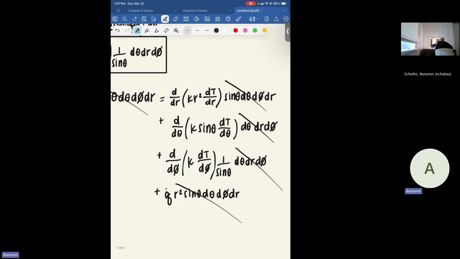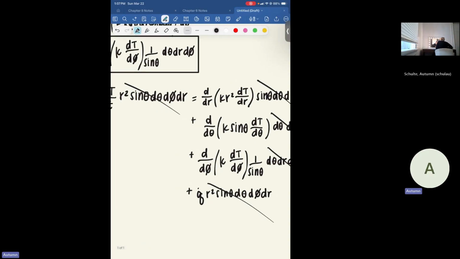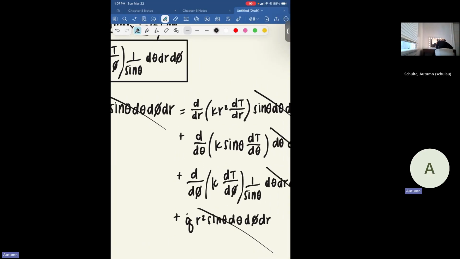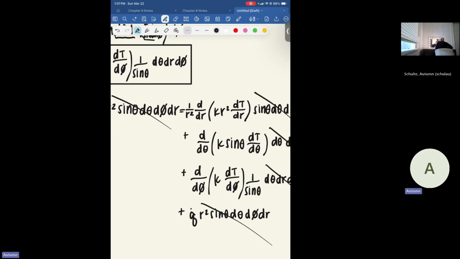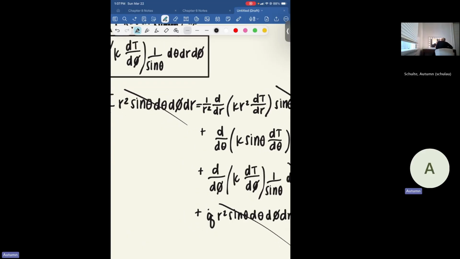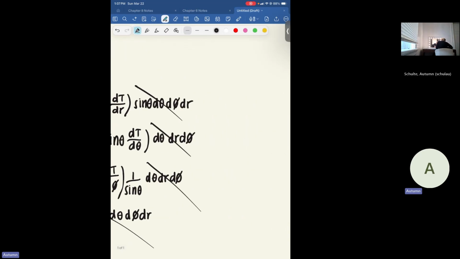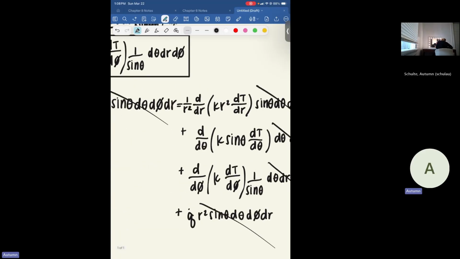So when we do that, we're going to have a leftover 1 over r squared over here. So we're going to put 1 over r squared here. Right here, we're going to have a 1 over sine theta out here, and a 1 over r squared over here as well.